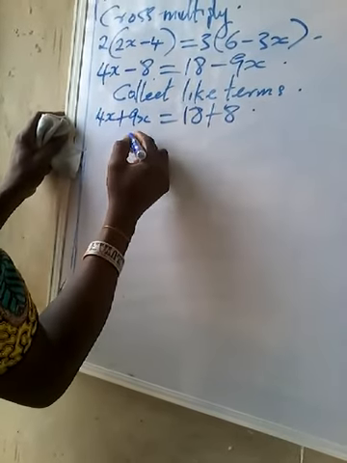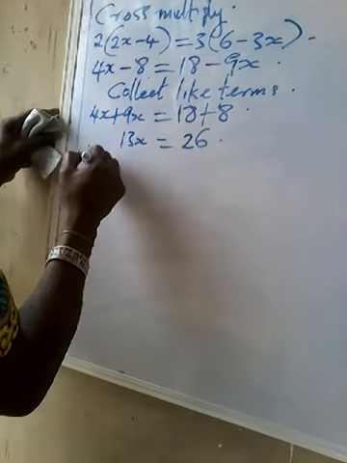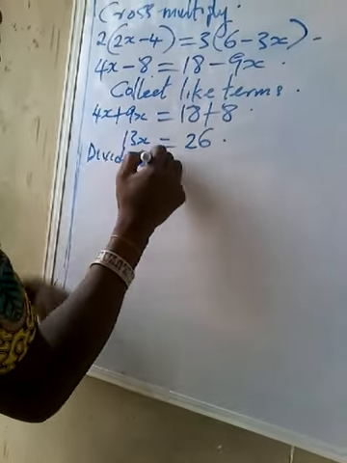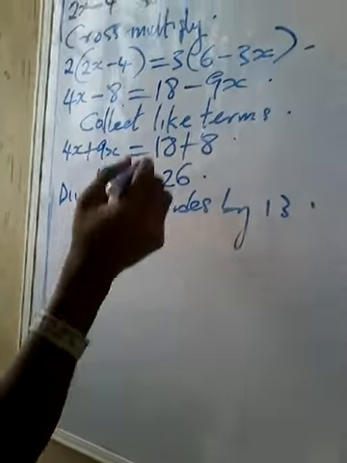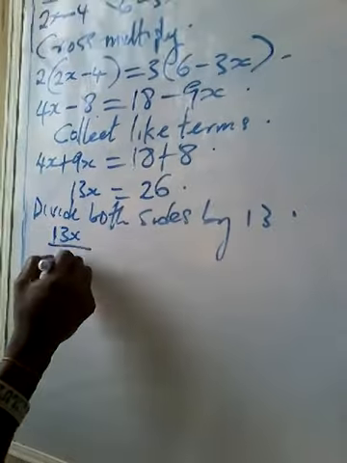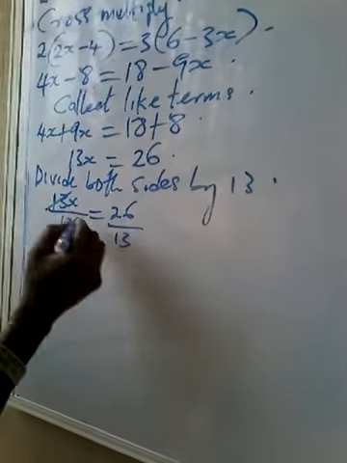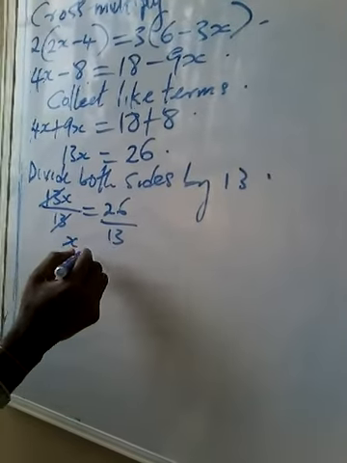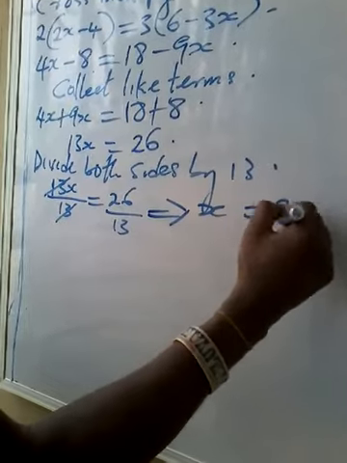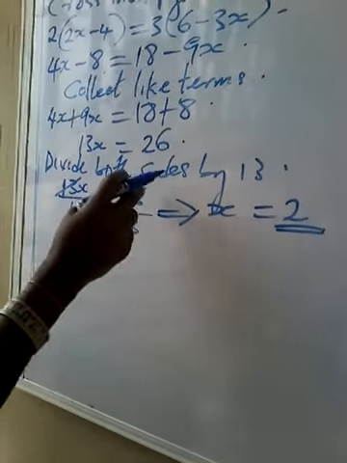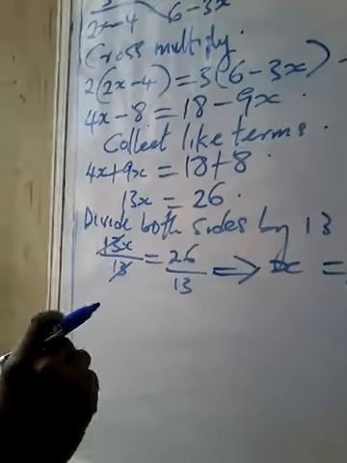What do you have? You have 13x is equal to 26. And you divide both sides by 13. We have 13x all over 13 is equal to 26 all over 13. 13 will divide 13 to give you 1, leaving you x. Your x will be equal to 2, because 13 will divide 26 to give you 2.